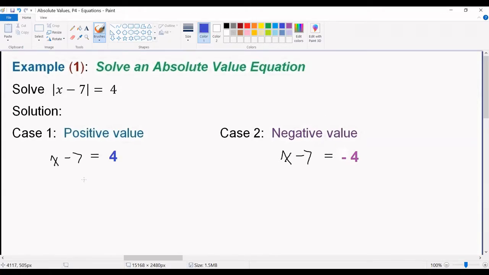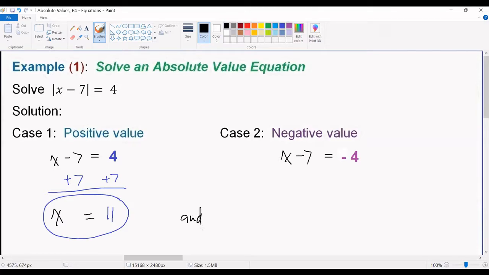Then we go through the regular process of solving our equation. In the first case, we're going to add 7 to both sides, so that we end up with x is equal to 11. And that would be one of our solutions. And our second solution would be solving the negative case. Since the left-hand side is essentially similar to what we had before, we're just going to add 7 to both sides.